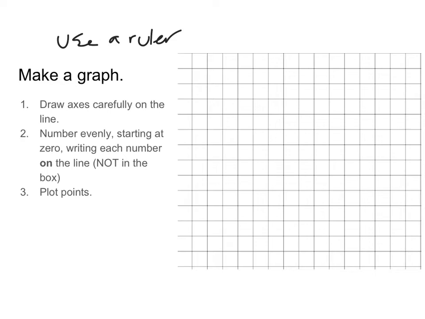The first thing we're going to do is draw our x and y axes carefully on the line. Notice how I'm staying pretty close to exactly on the line as I go. You're doing this with me in your notebook. Take your time with it.